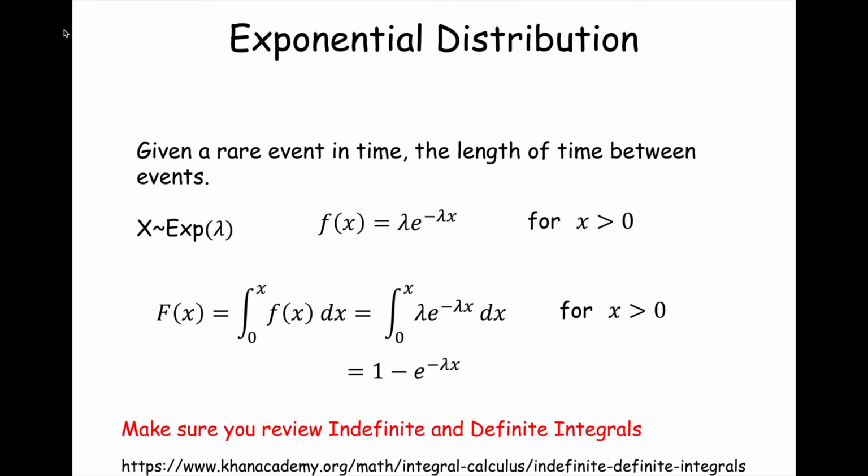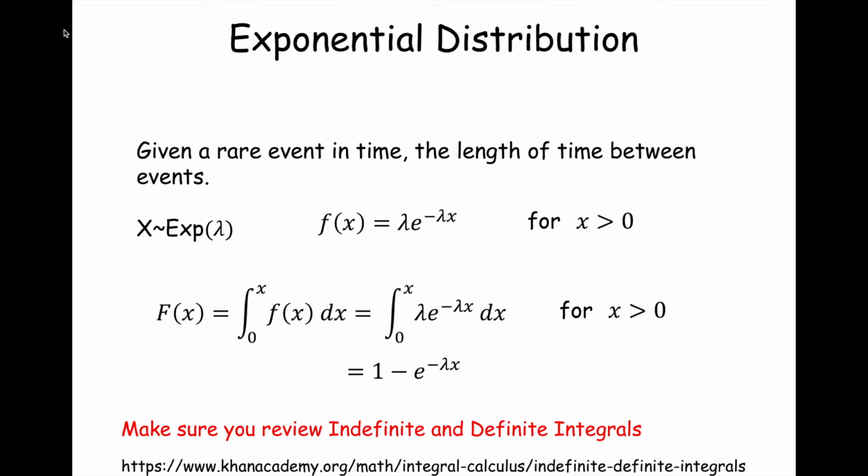And so I go back to what my substitution was. It was e to the minus lambda x, and I'm going to evaluate that at a value x. It looks weird to say x equals x, but you're just doing substitutions, and I'm going to subtract from it the evaluation for x equals 0.